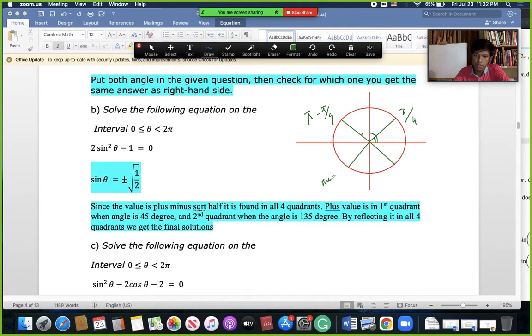This will give you another solution. And this is easy, it is 2 pi minus pi by 4. Or you can do 3 pi by 2 plus pi by 4. This will also give you the solution. So we will have the solutions of this question in all 4 quadrants, like that.